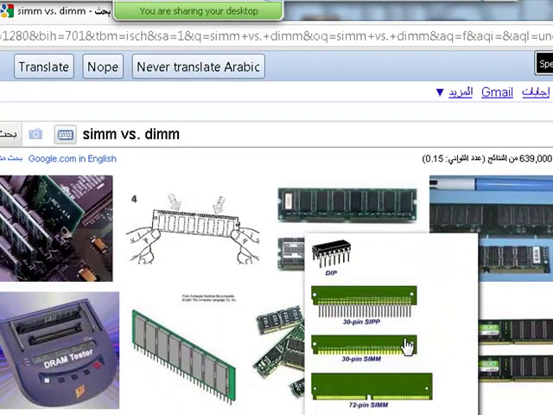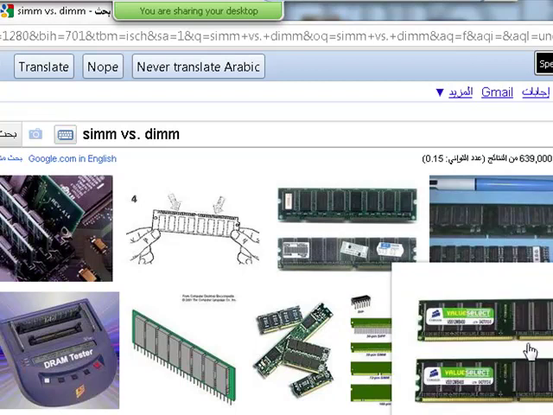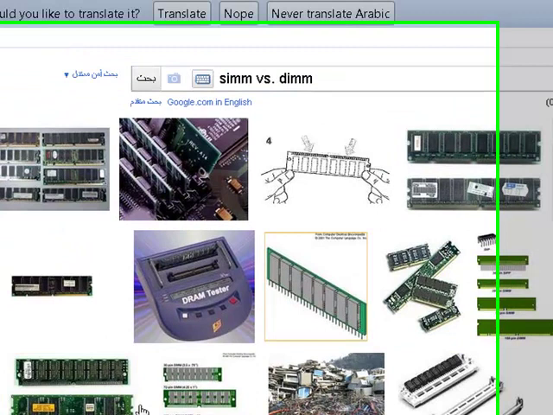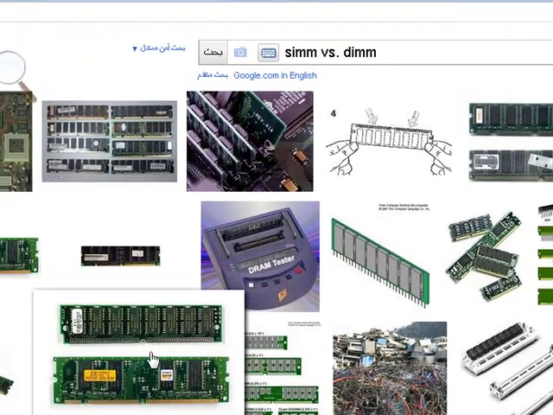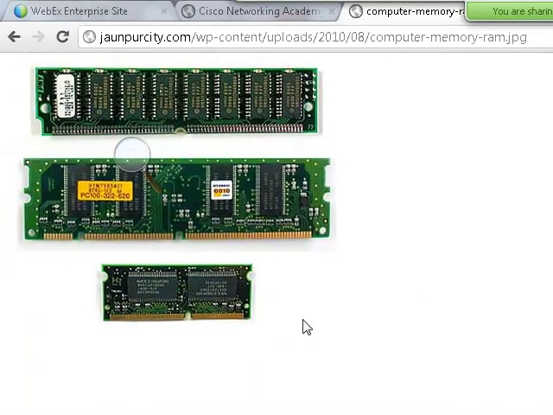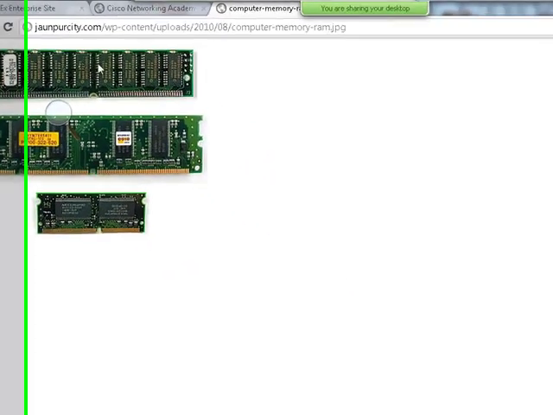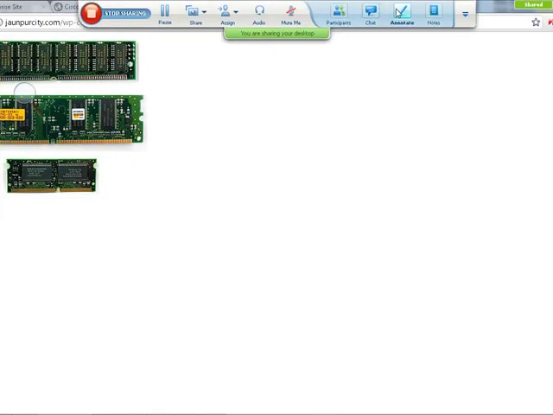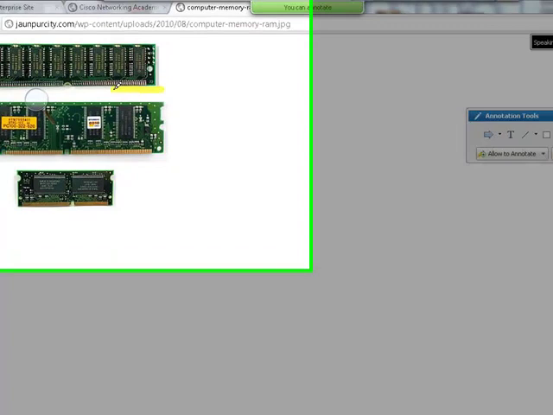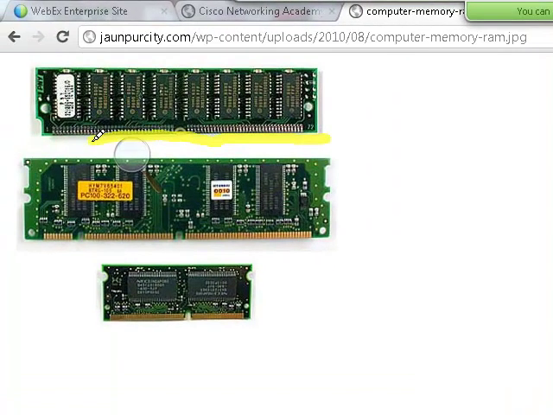Okay, if you see the top one over here, this one is called SIMM, single inline memory module.